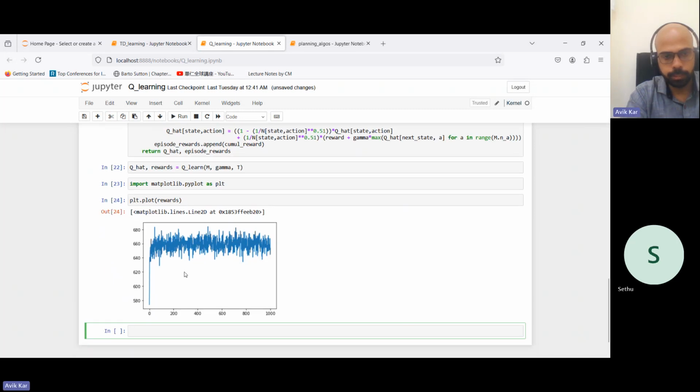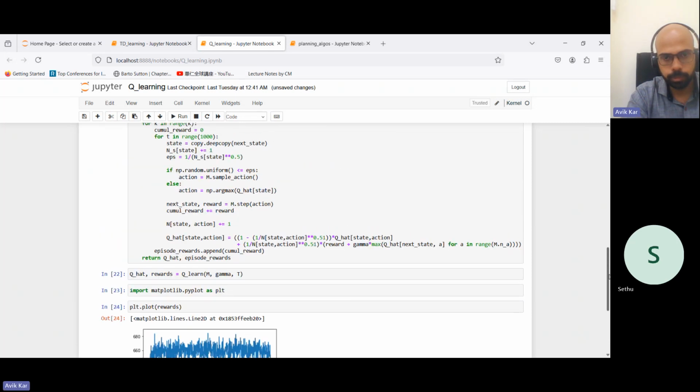Yes, there is a pattern. Initially it's 0, then it increases and then saturates somewhere. It's not very convincing, but again, let's decrease this power. I think that will help.